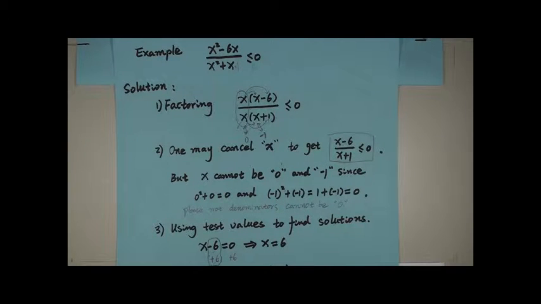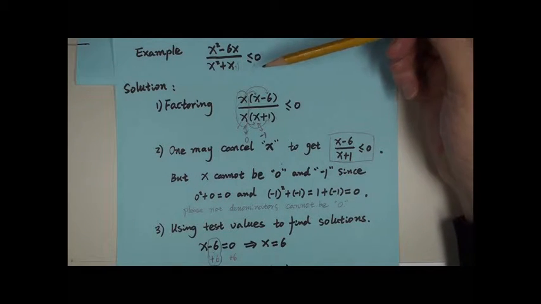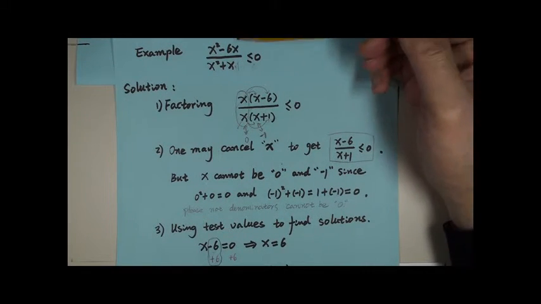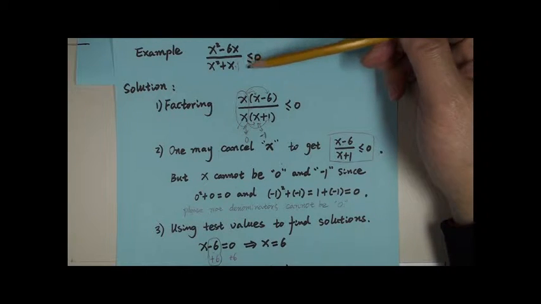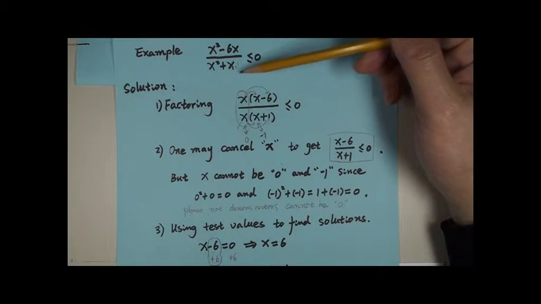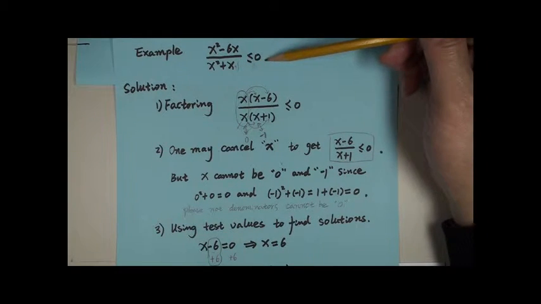Now, let's look at how to solve this inequality. This one is a polynomial, x squared minus 6x, divided by another polynomial, x squared plus x, less than or equal to 0.